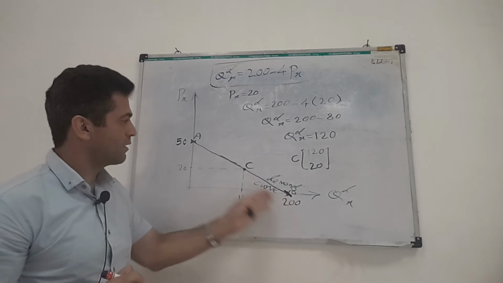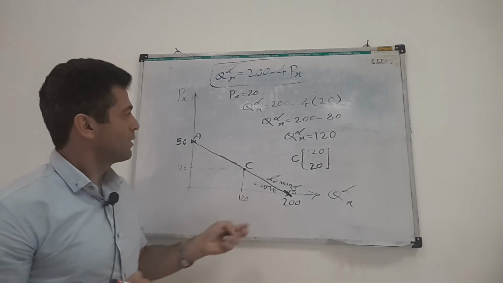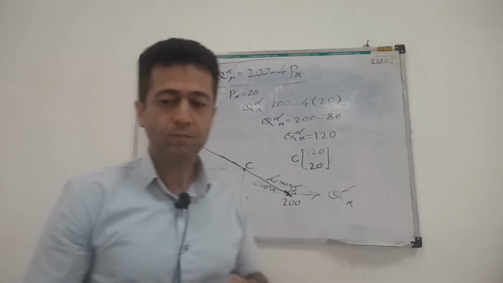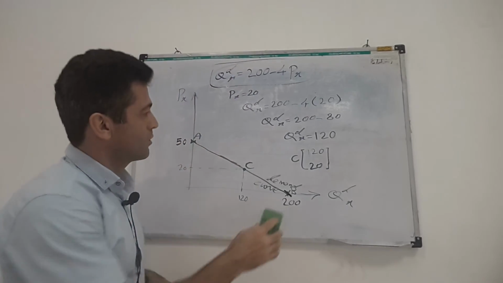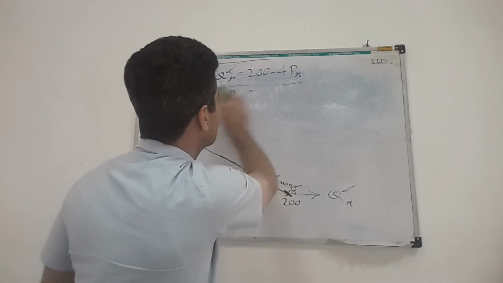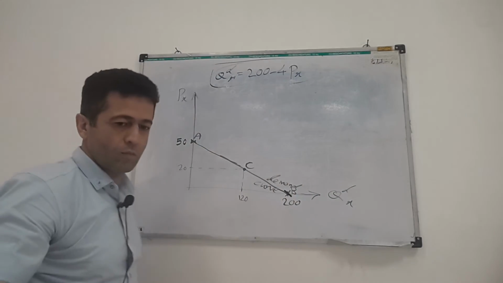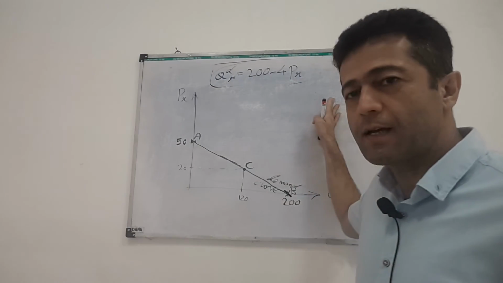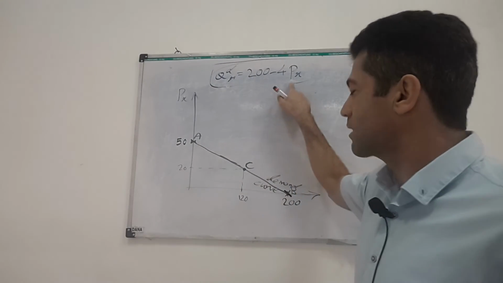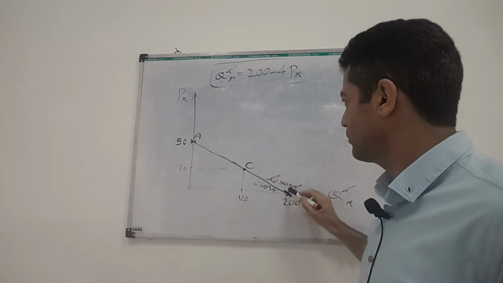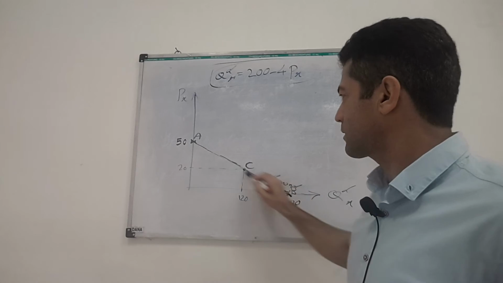We can find another point on this demand curve. Okay. If we also consider other factors constant other than the price of it, if the price changes, we move along this curve.